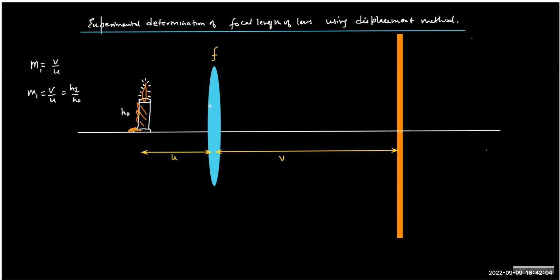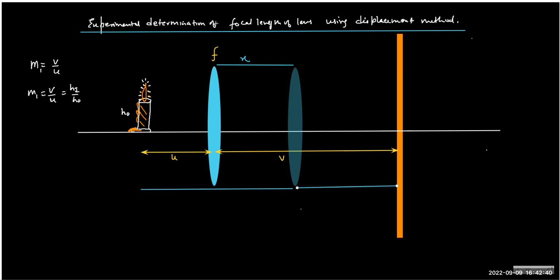We displace this lens till we get another image, and we displace it by a value called X. Now, the next image will form following the principle of reversibility, which means technically this should be V, and then this will be U again, right?